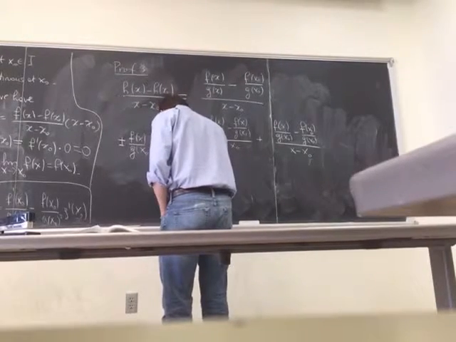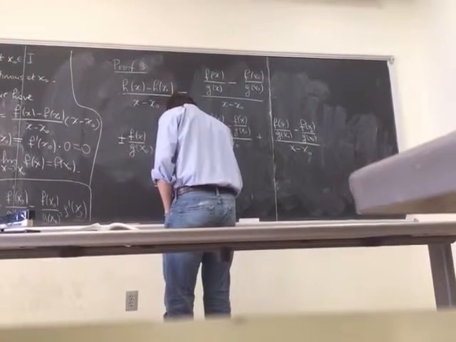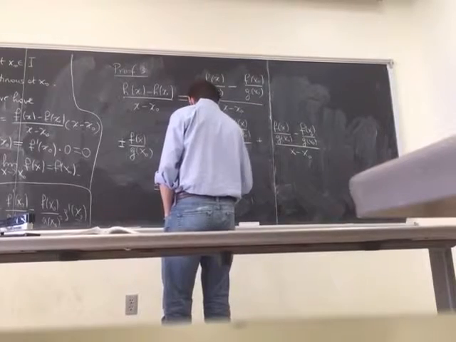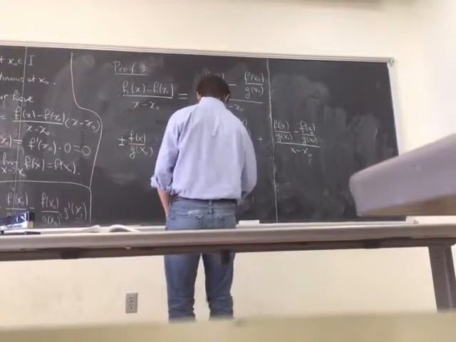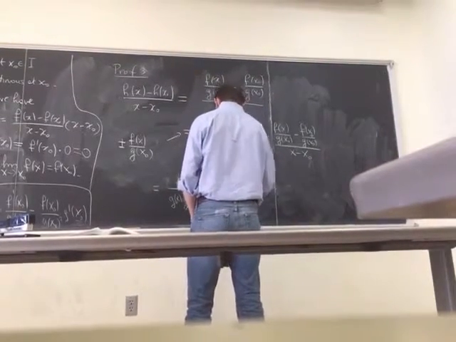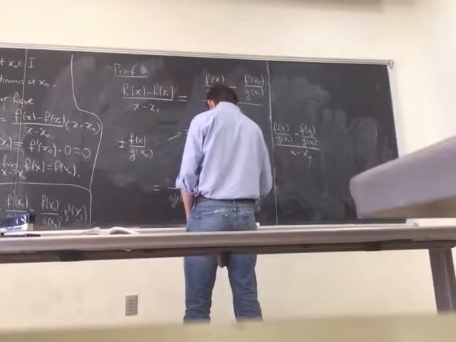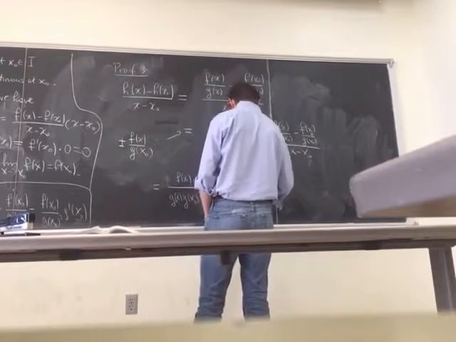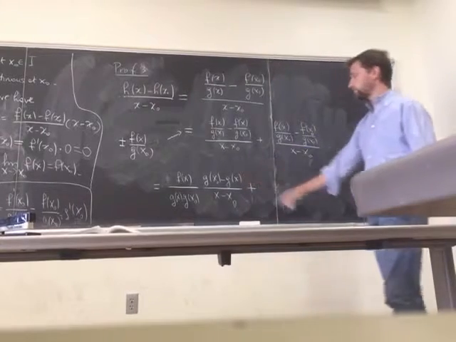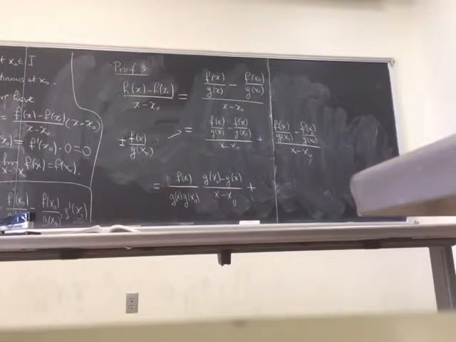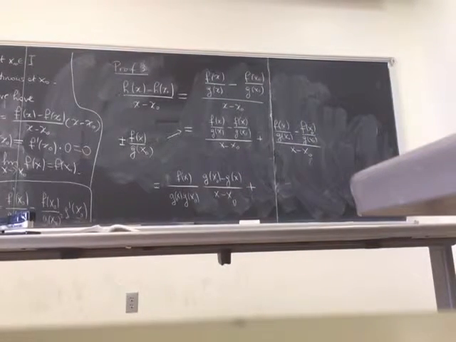So I get here something like g of x naught minus g of x over x minus x naught. Think a moment about this. Do you agree with that? So that's just the first chunk of the thing, okay?